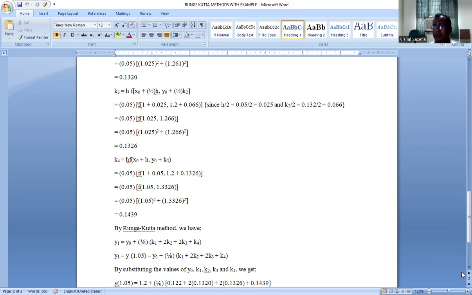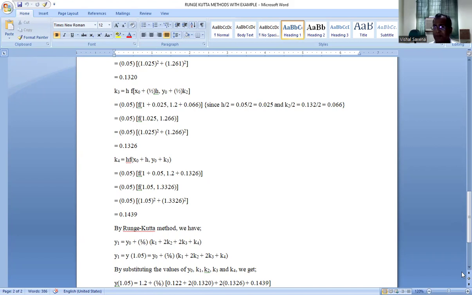K2 we already calculated in the last step, so it becomes 0.066. On solving this term, we get 0.1326, that is K3.